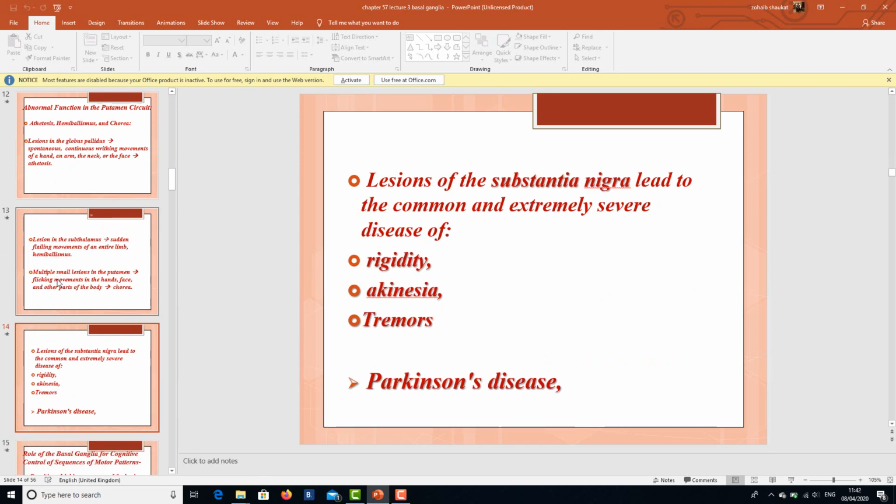Lesions of the substantia nigra lead to a common and extremely severe disease. And what is that? It is the combination of rigidity, akinesia, and tremors, and they lead to Parkinson's disease.